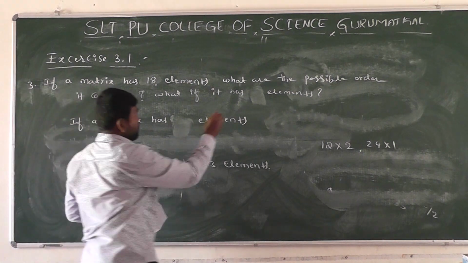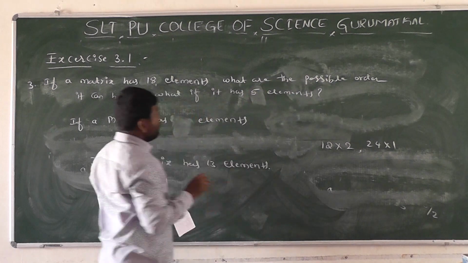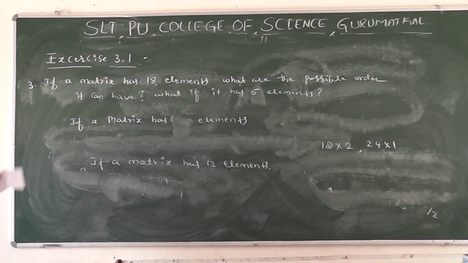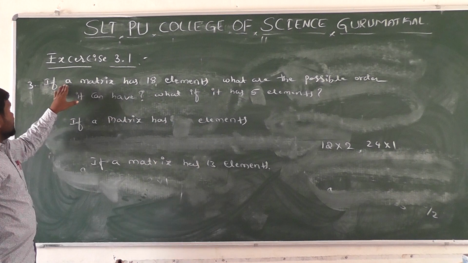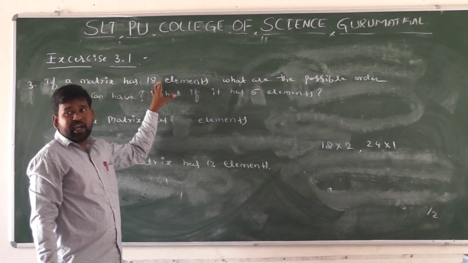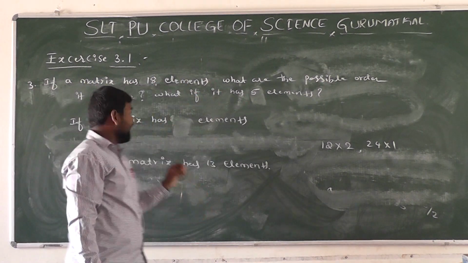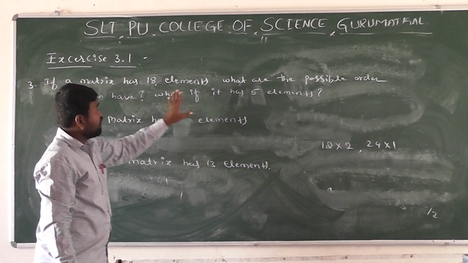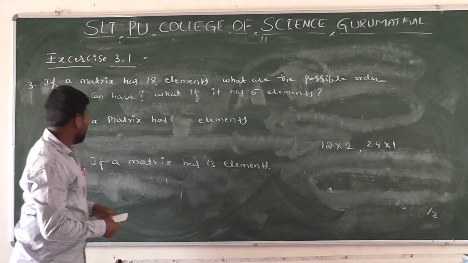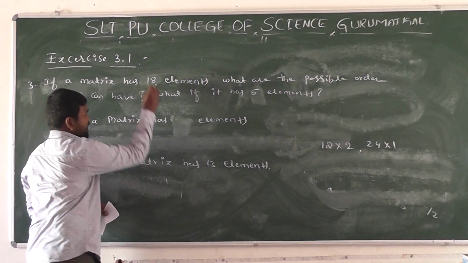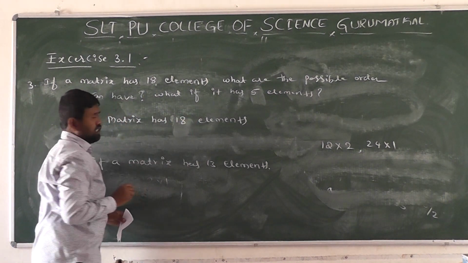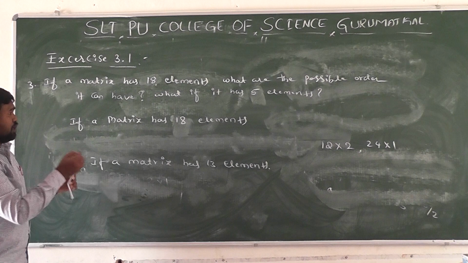What if it has 5 elements? Like in this third question, if a matrix has 18 elements, what are the possible orders it can have? And also, what if it has 5 elements, right? In 18 elements, what are the possible orders?